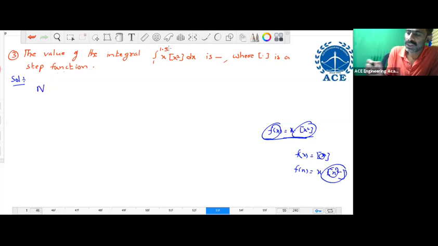Our interval is 1 to 1.5. Sorry, let us take this 0 to 1. Let us take the integral limits as 0 to 1.5 only, not 1 to 1.5, just to make this correction.